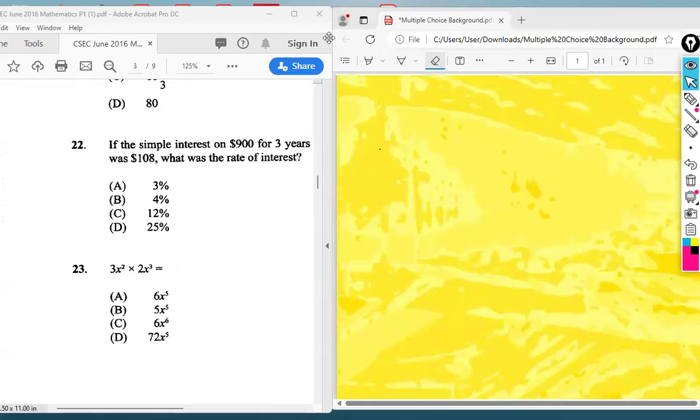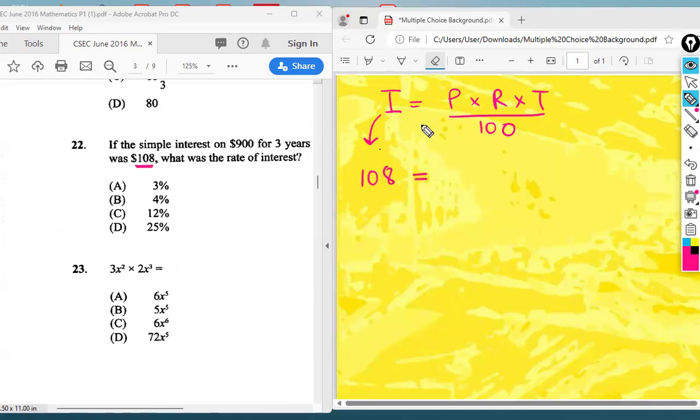Question 22. It's the same formula I used earlier. Interest is principal by rate by time over 100. They gave us the interest as $108. The original amount invested in the first place is 900, well, that's the principal.